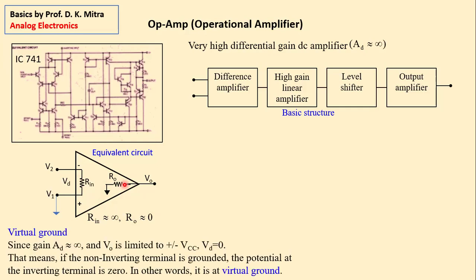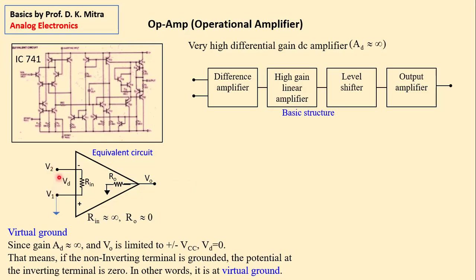Next point is, there is a term in operational amplifier application which is always called virtual ground. What is it? See, as I said, its gain is almost infinity, right? So say you apply the positive input, it is grounded, right? And say the negative input is 1 volt.